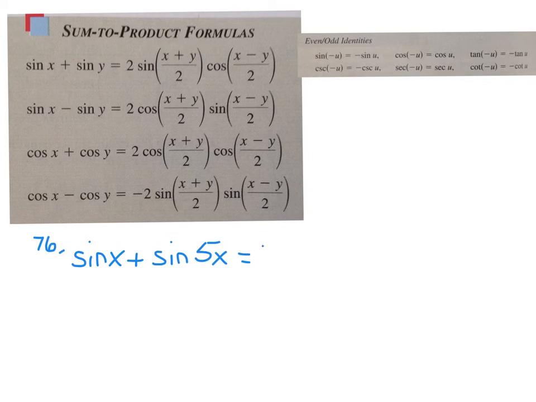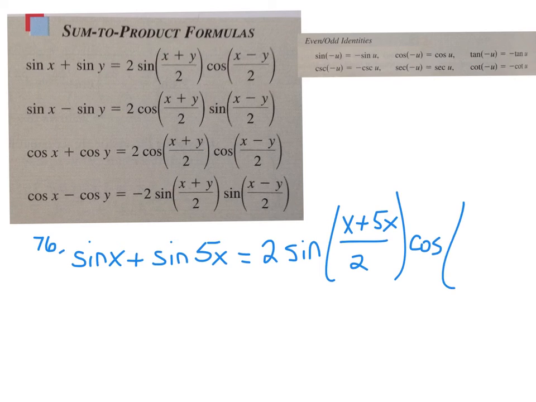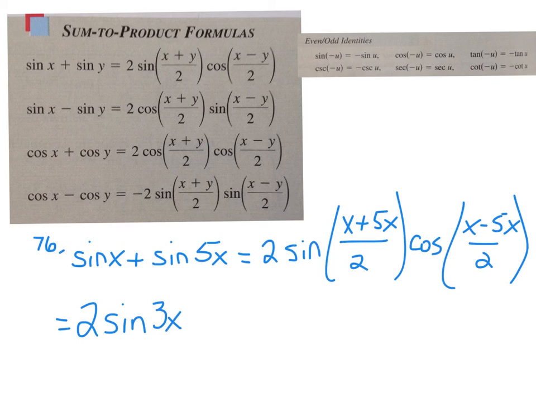So we have 2 times sine, and that's x plus 5x over 2 times cosine of x minus 5x over 2. And so then we get 2 times the sine, right, 5x plus x is 6x divided by 2, so 3x.